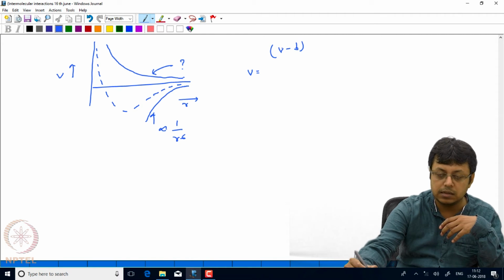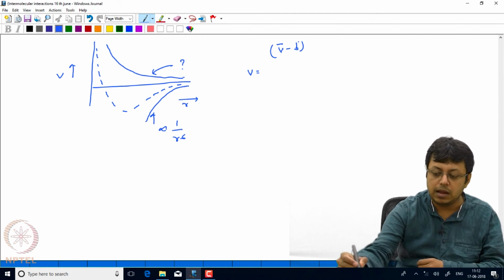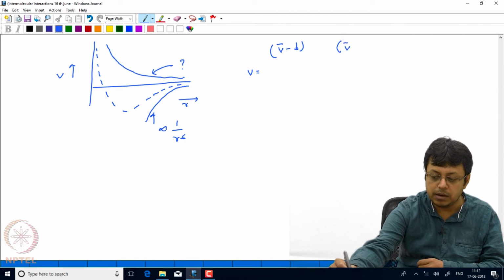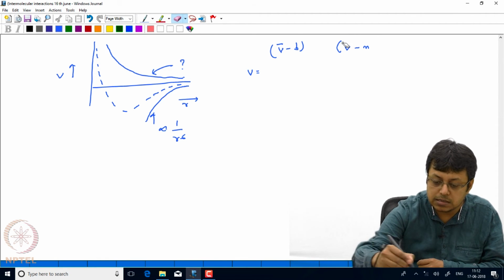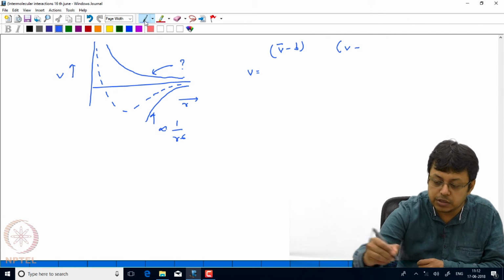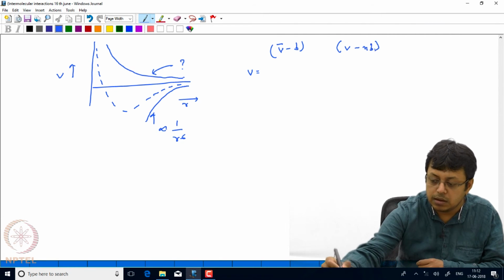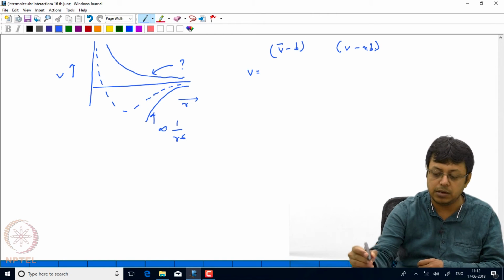We wrote the real volume as connected to the ideal volume as V real minus b, which is V ideal. That was the molar volume, and for n moles it will be V minus nb. So that was the volume correction, and it actually comes from the finite size of the molecules.